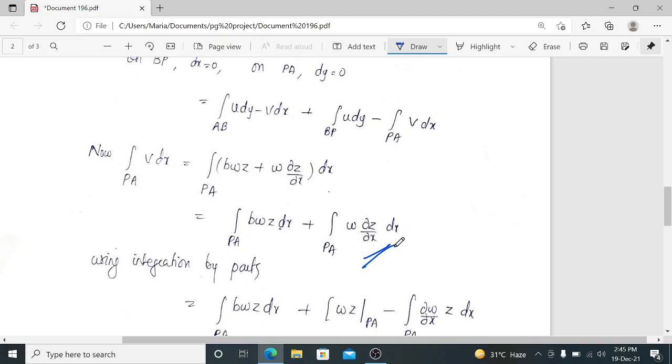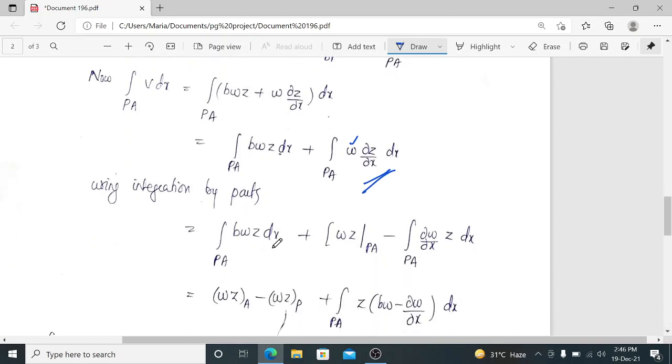Now let me find the value of the second integral using integration by parts. So you will get first function into integral of the second minus integral of derivative of the first into integral of the second. From the first function w, first function into integral of the second with respect to x will be z. Apply the limits along PA, then minus integral of derivative of the first, which is ∂w/∂x, into integral of the second, which is z dx.